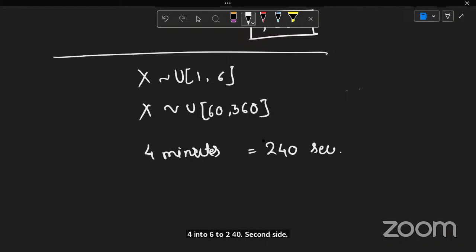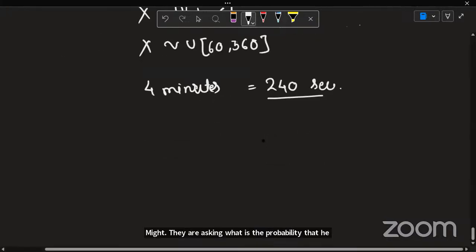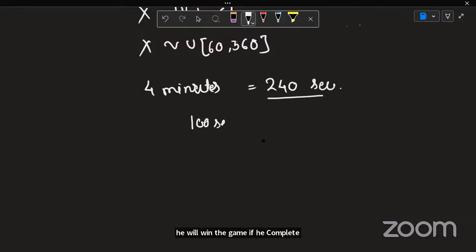They are asking what is the probability that he completes the donuts in 240 seconds, but he will win the game if he completes the box in 100 seconds. So what was your question then? What should we use, either conditional or what? Yes, ma'am. I thought we can use conditional probability in seconds, right?